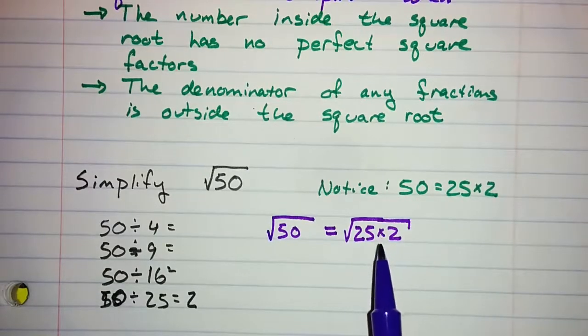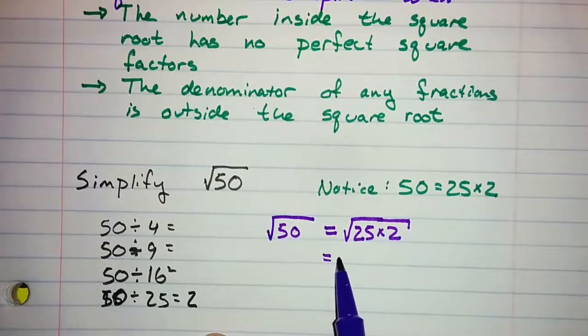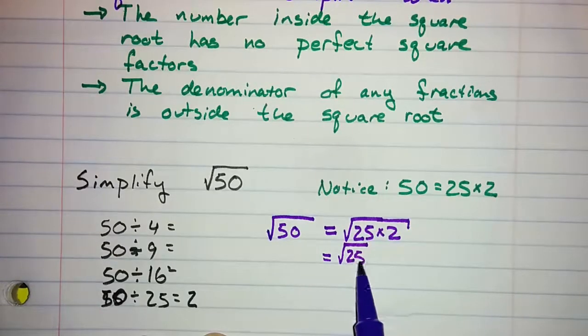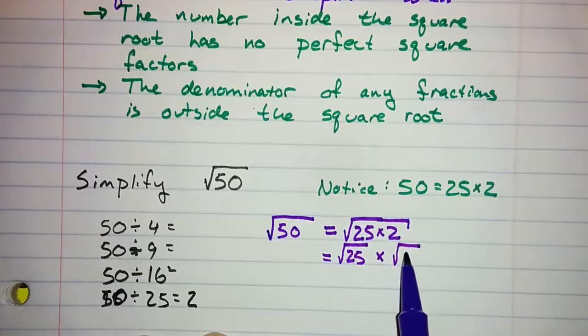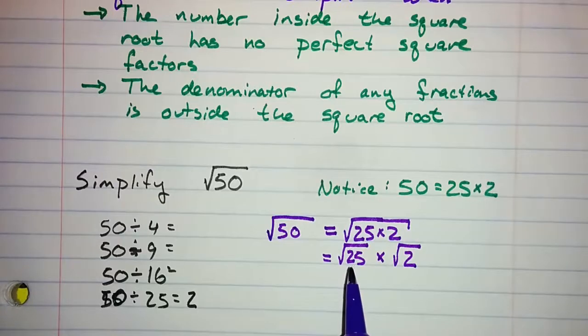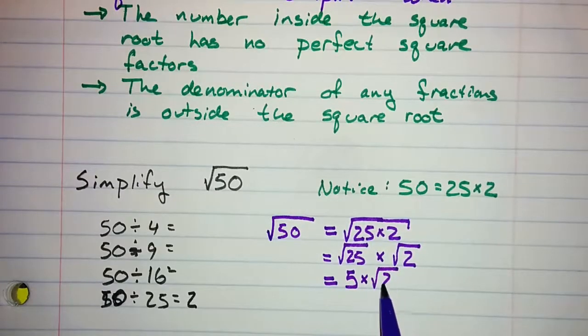But now we have this property of square roots that says we can break this up as the square root of 25 times the square root of 2. 25 we know is a perfect square. 25 is 5 squared. So the square root of 25 is 5. So we have 5 times the square root of 2. And we can write that just by writing 5 next to the square root of 2.